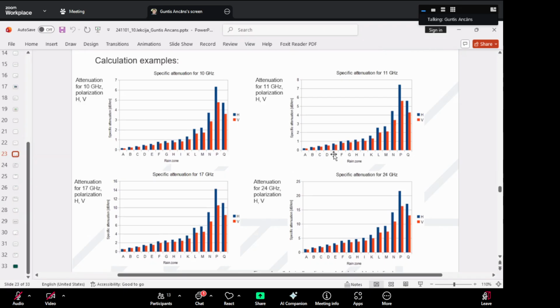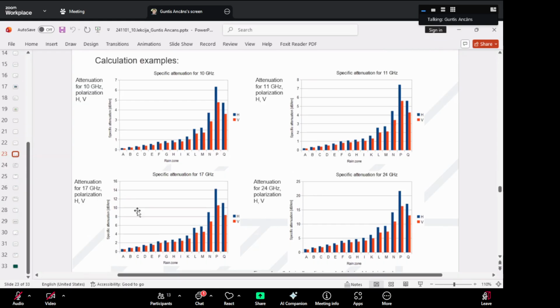The difference for 10, 11 is negligible. For 17, it's within 2 decibels. And for 24, this range is about, I would say, 3.5 decibels, somewhere within such limits.